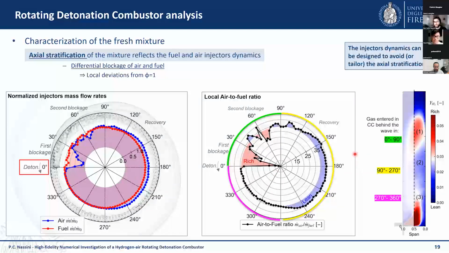This is because if we are able to tailor or control the transient dynamics of the injector, we are also able to drive the axial stratification of the mixture, which is in this case the worst case possible, because if you remember, this rich mixture at the top is partially unburnt, so it's exiting the combustion chamber and reducing the fuel efficiency. However, if we were able to, for instance, have a lean mixture at the top, or pure air at the top, we should avoid all these fuel inefficiencies inside the combustion system.